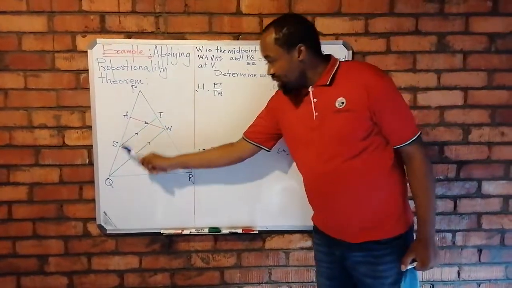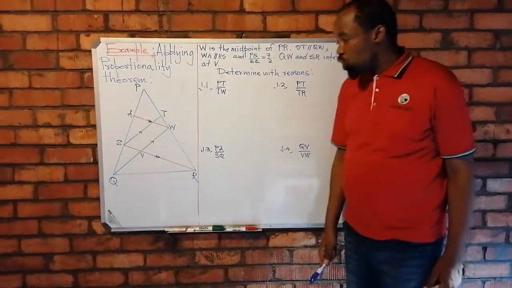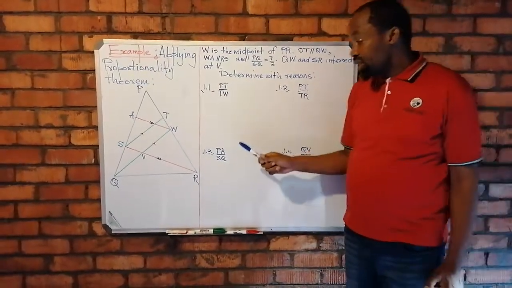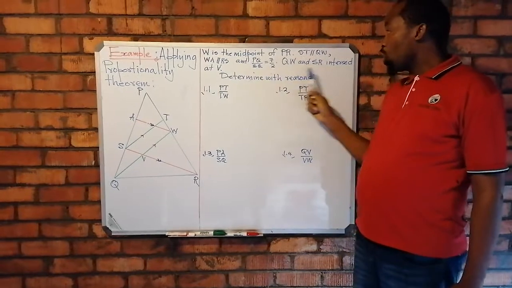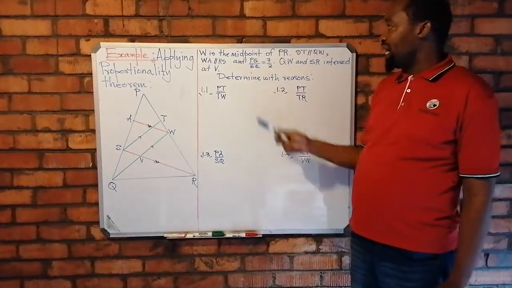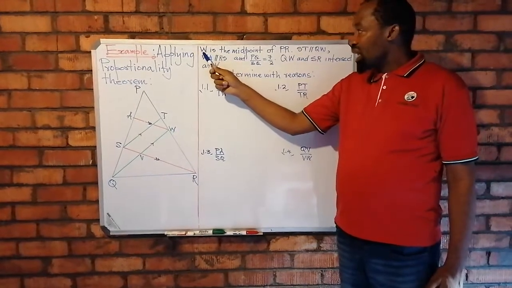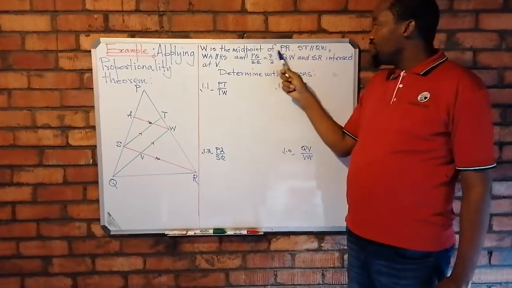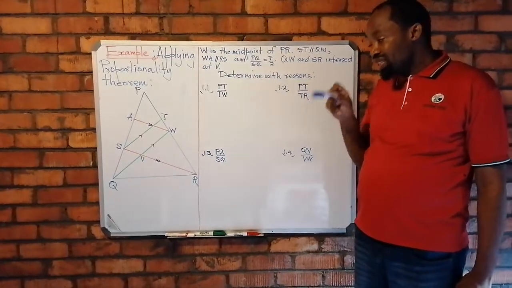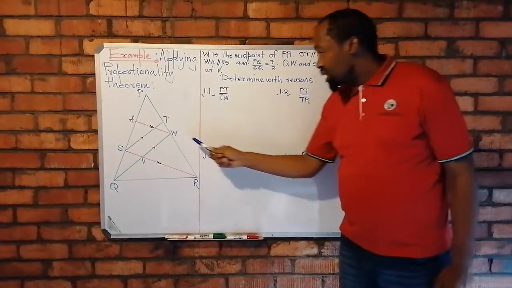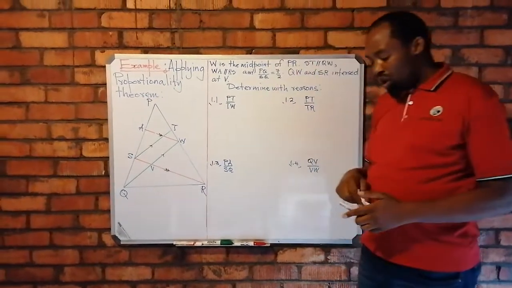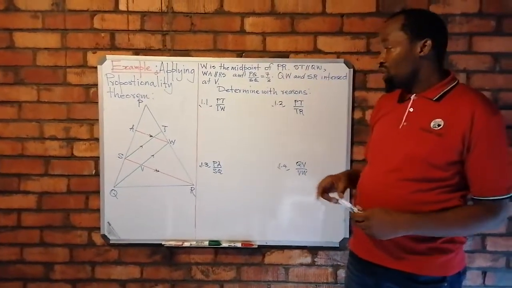You are given this triangle PQR, the big triangle PQR, and you are told what is happening in that triangle. They start by saying W is the midpoint of PR. You should go there and see where W is. What does that mean now?